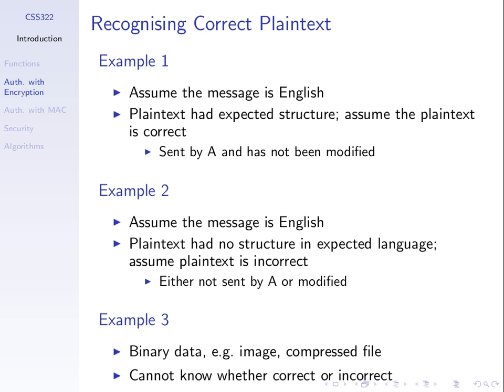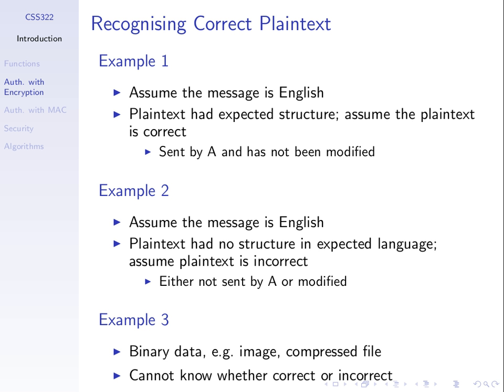In example 1, we assumed the message was English. So the plaintext had the expected structure, and therefore we assumed, because the plaintext had the structure of some English phrase, so therefore we assumed the plaintext was correct. We had authentication. In example 2, if we assume the message is in English, the plaintext we expect to receive is in English, then in that case we would make the assumption, okay, the plaintext we got had no structure that we recognised.